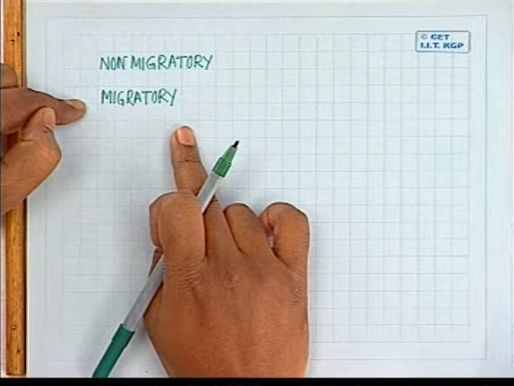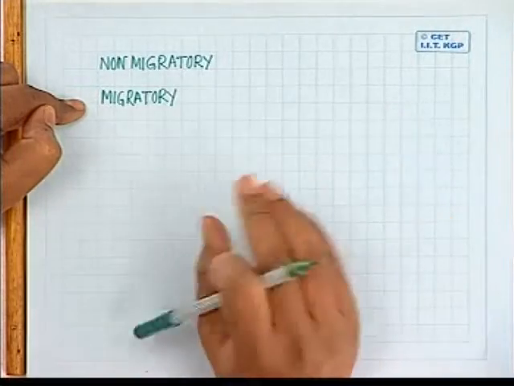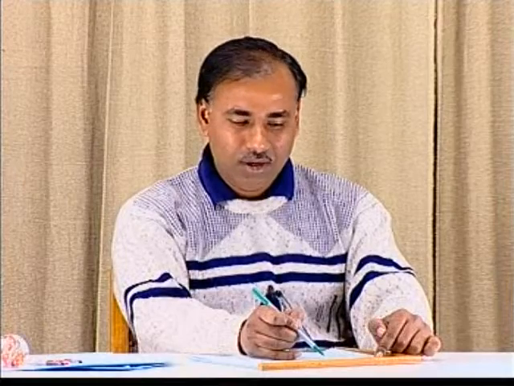Once it is decided, that is fixed. That process is executed on the allocated processor until it is terminated. In case of migratory, we can shift or migrate a process from one processor to another processor. So you can say that the non-migratory approach is static, whereas the migratory approach is dynamic. We'll see more on this in our next class.